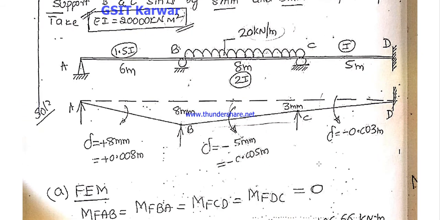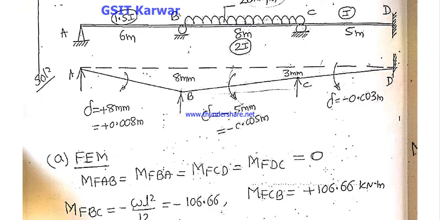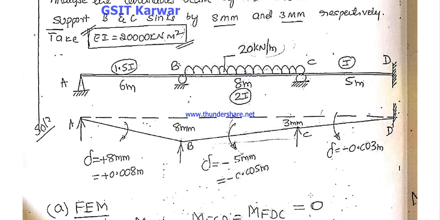Next, take the solution. According to the given line diagram and according to the given data, you can consider the support sinks. That means support B sinks 8 mm and support C sinks 3 mm.